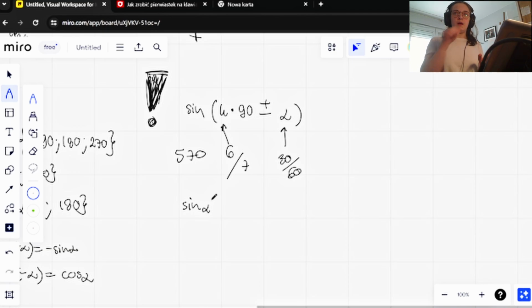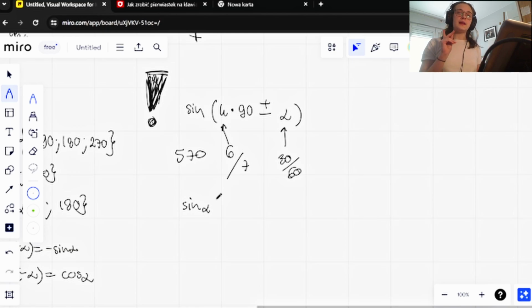You need to estimate in which quarter it is, and from your knowledge that sinus is positive here, you will know if it has minus or plus. For example, if sinus is in the first quarter, it is positive, so it will not have a minus.